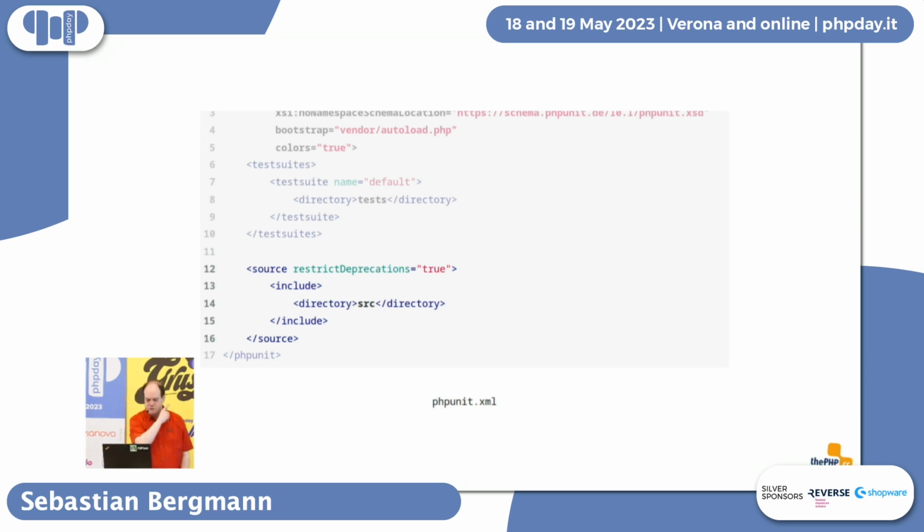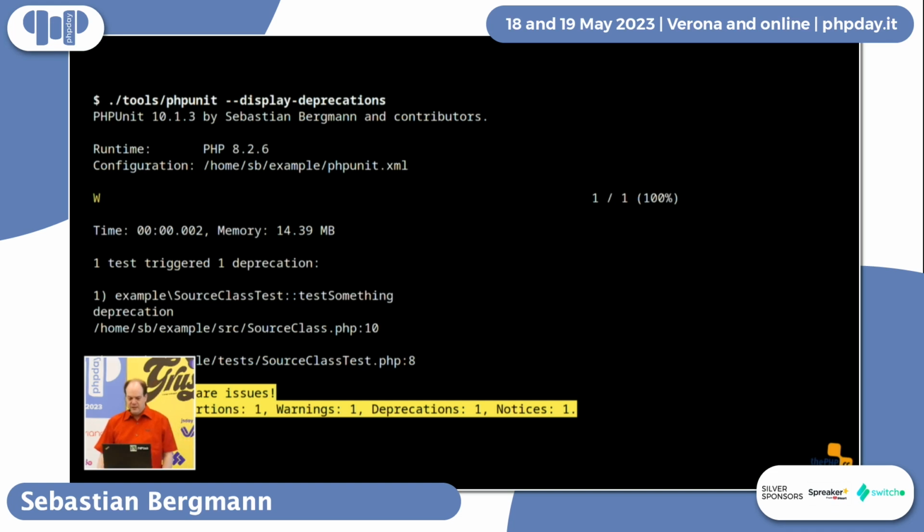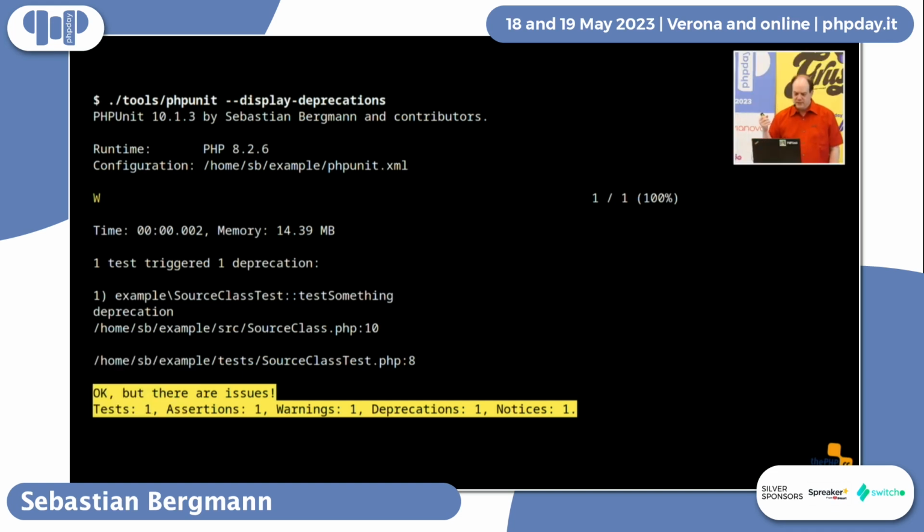You can say, hey, restrict deprecations to my code. And then we run the tests. We only see the deprecation for our own code. The deprecation that is in vendor is ignored.